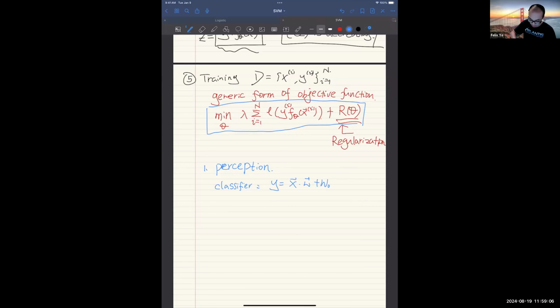Then the loss function is the 0-1 loss. That means L of z is 1 if z is less than 0. I have no regularization.